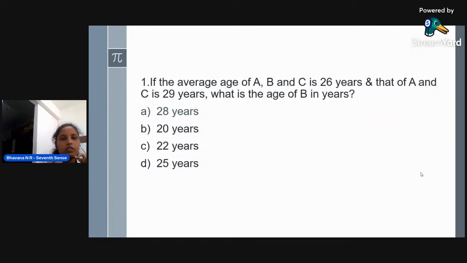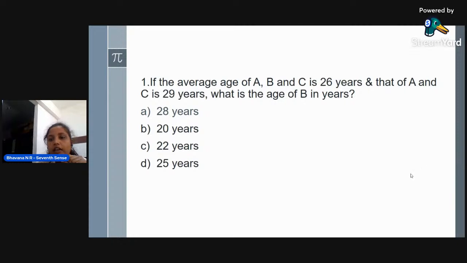Next, shall we go for the sums? If the average age of A, B and C is 26 years, that means A plus B plus C divided by 3 equals 26, right?